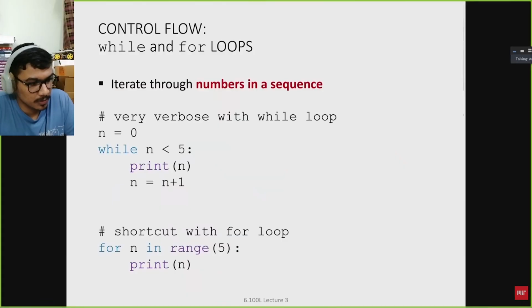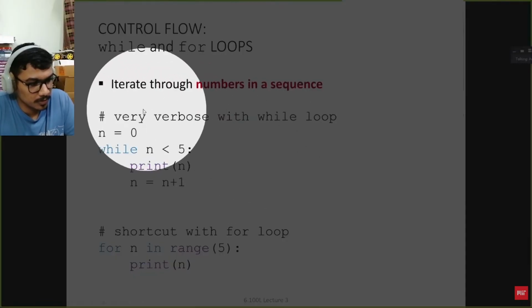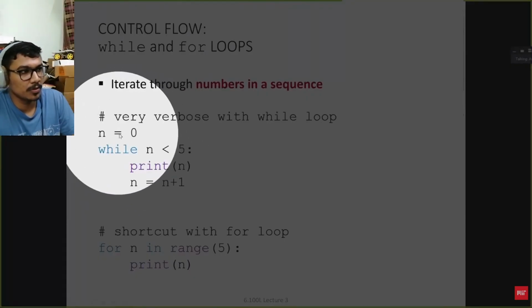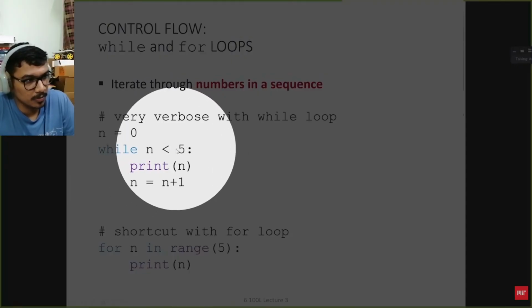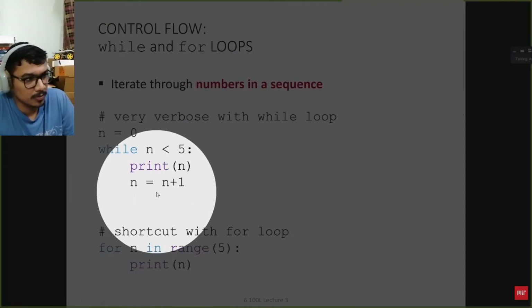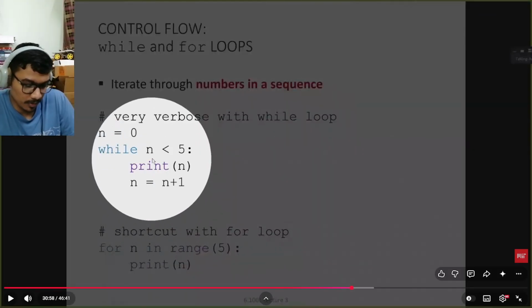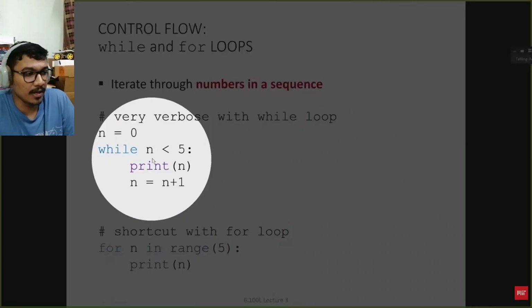So this is the program we had with while loops a couple slides ago. And remember, we were initializing a variable, we were testing the variable, some condition here, and then we were incrementing the variable or doing something that gives us nice forward progress towards making this condition false. So the for loop is basically the shortcut, for n in range.